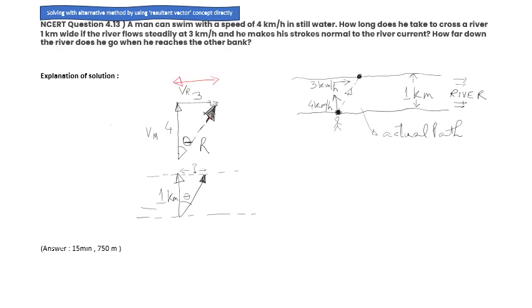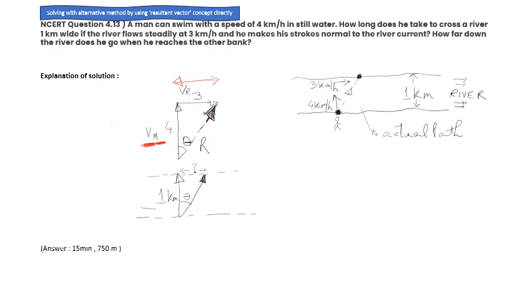Now, knowing this principle of vector addition and being able to find the resultant like this, we can find out the angle theta that this resultant will make with the strokes of the man, or with the normal swimming of the man.